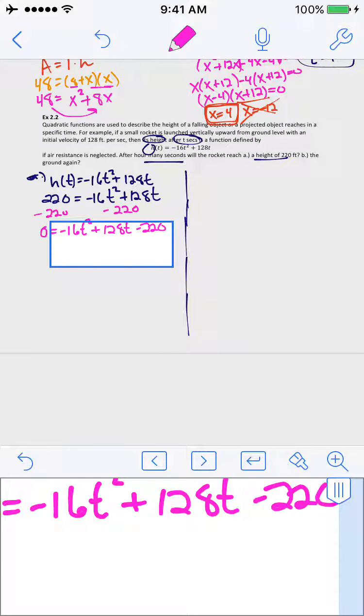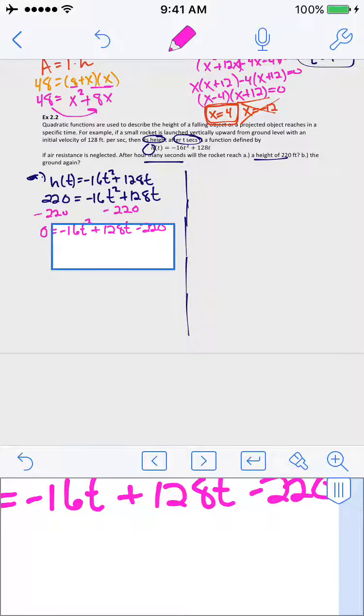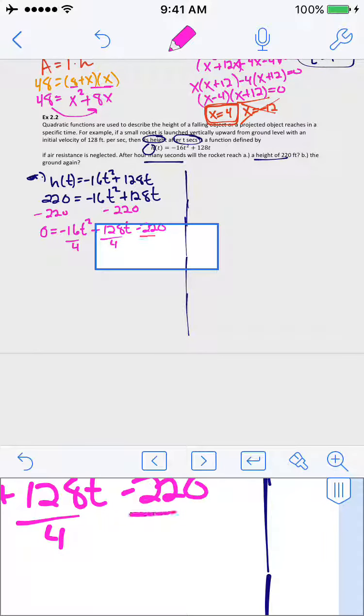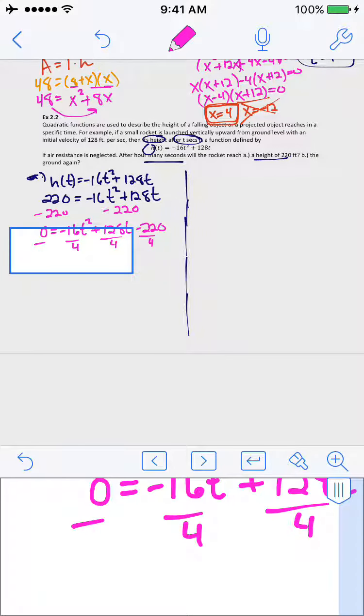Well, 128 can be divided by 16, and 220 can't be divided by 16. That's a bummer. But maybe, just maybe, 128 can be divided by 4, and yep, 220 can be divided by 4. So let's divide by 4 to everything. And yes, we have to do it to the other side as well, but it's not going to change anything.